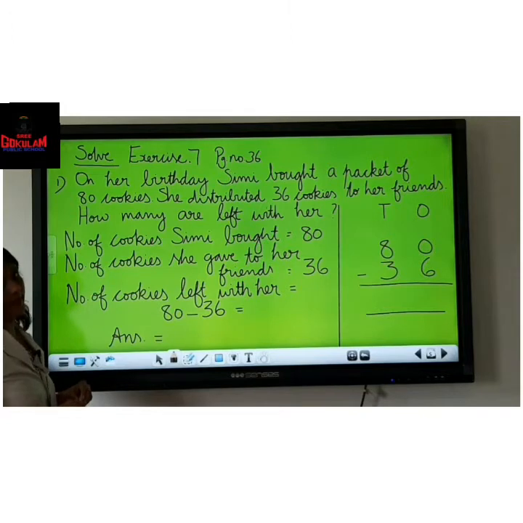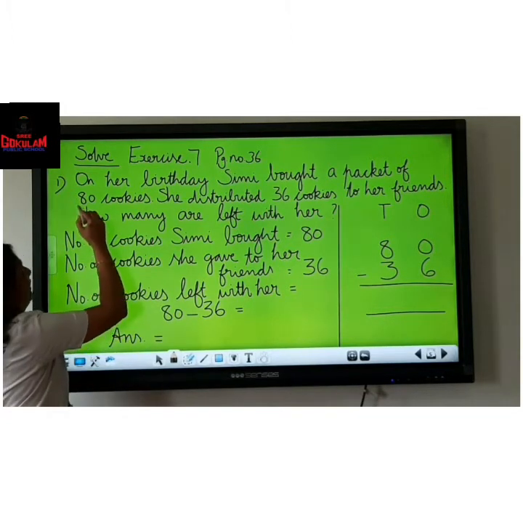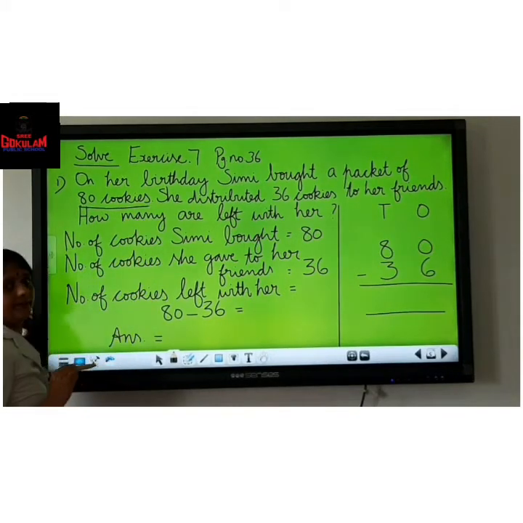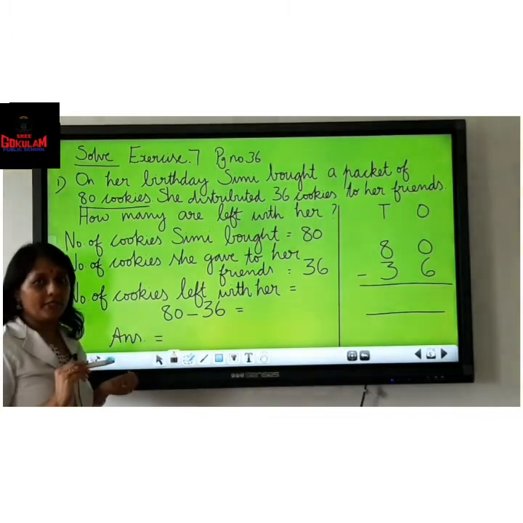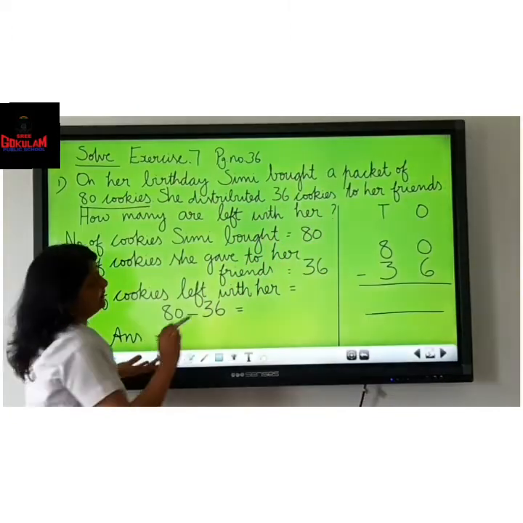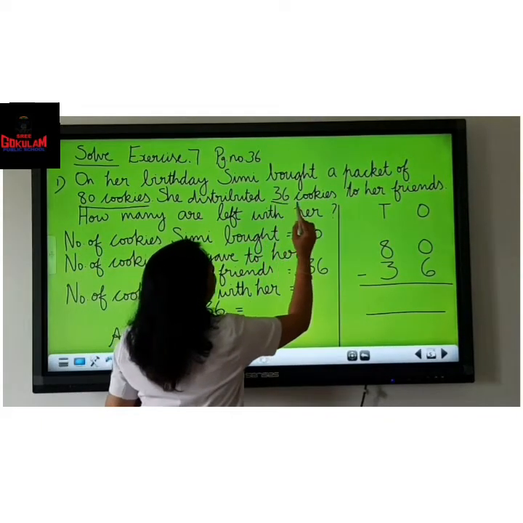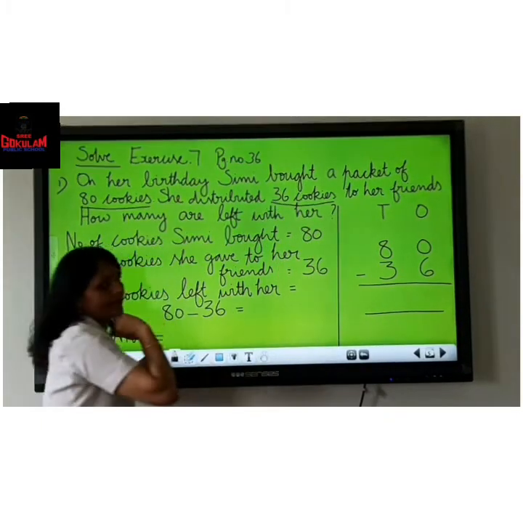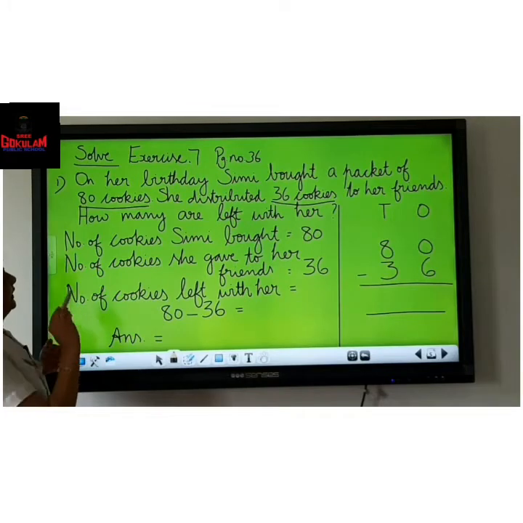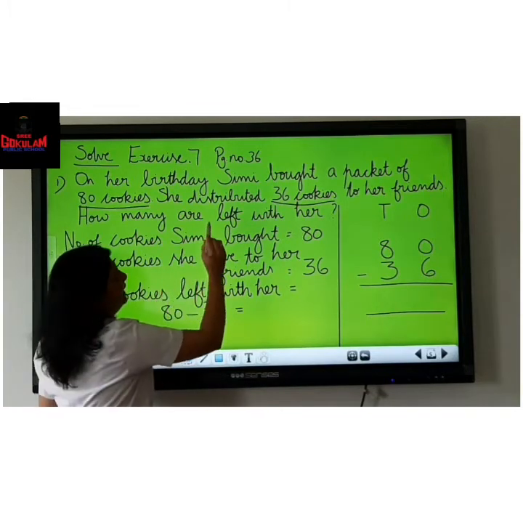80 cookies in a packet. Simi bought 80 cookies in a packet. Then she distributed. She gave to her friends some of them. How many did she give? 36. Then how many are left?